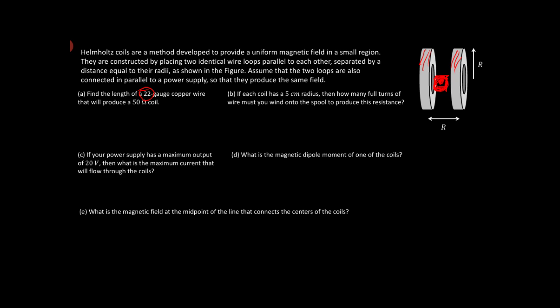I'm going to start with having you look up the resistance for the American wire gauge. The American wire gauge gives you a resistance for the 22 gauge copper wire of 50 milliohms per meter. If you look that up on Wikipedia, or probably anywhere else, you're going to get this number. So the resistance, in ohms, is R times L, right?